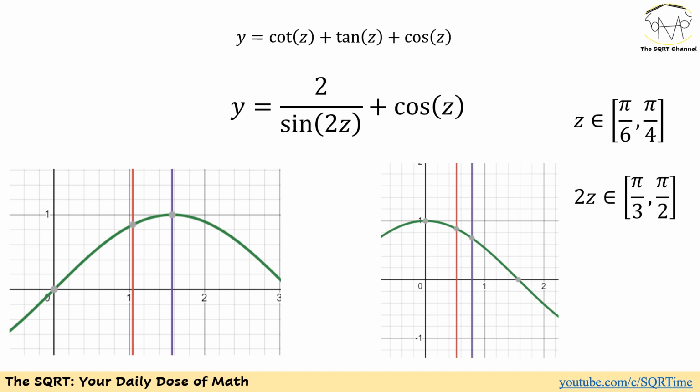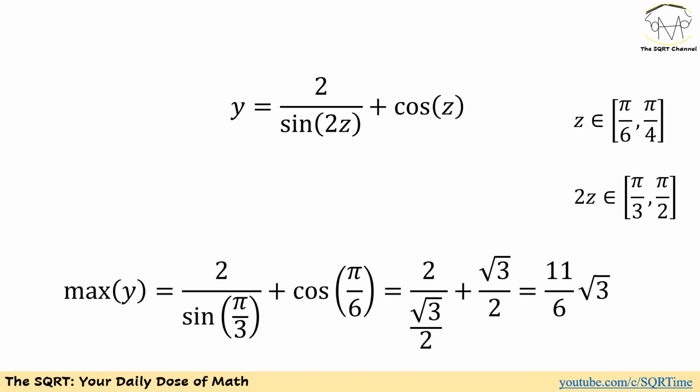Now we can find the maximum value that this expression can get. Let's do that to find the final answer. The first thing that we need to do is to find what value is going to be the minimum value inside these two ranges that we have here. It's easy to verify that it's pi over 6.